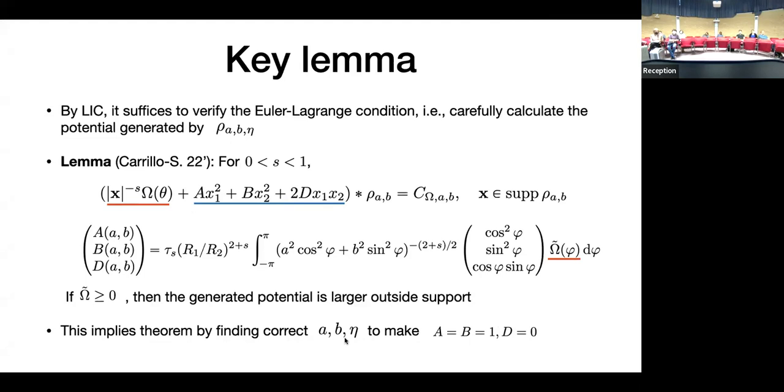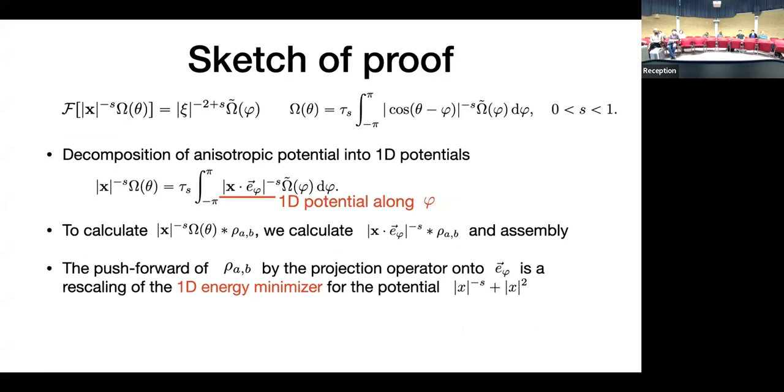Okay, so the proof of this lemma is based on an interesting observation that for any anisotropic potential of the form |x|^(-s) times omega of theta, you can actually decompose it into a linear combination of one-dimensional potentials. So basically the idea is that starting from the formula for the Fourier transform, we see that it has a convolutional structure. I mean the formula from omega tilde, the Fourier side to the physical side.